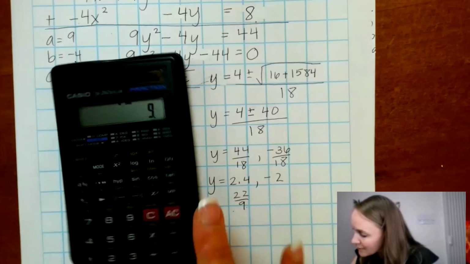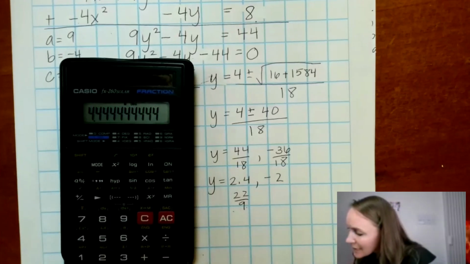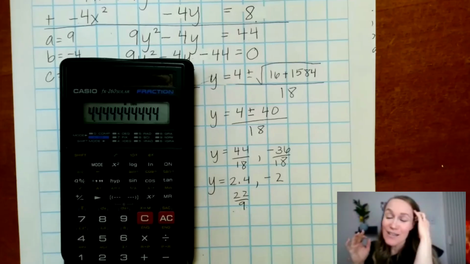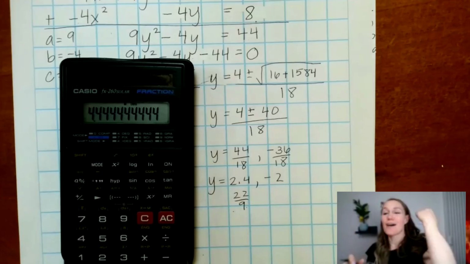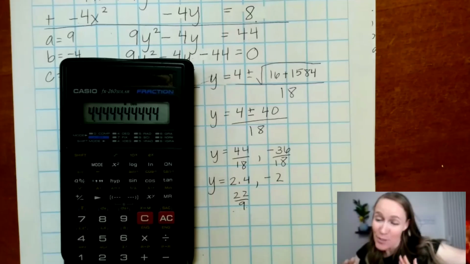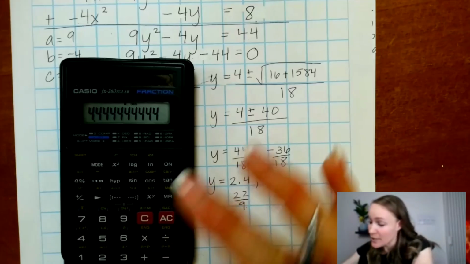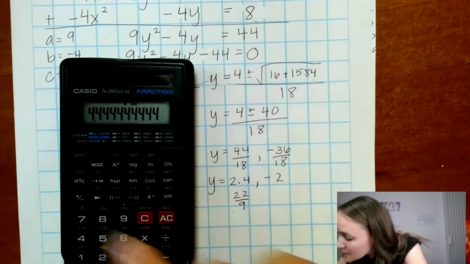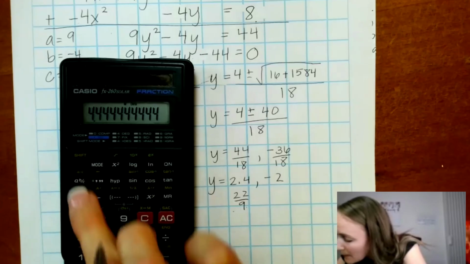So I have 22 over 9 plus 2. And I actually want the fraction because I don't want to round quite yet. I only want to round at the final step when I need to plot my points. So I believe I can turn it into this one. Nope.